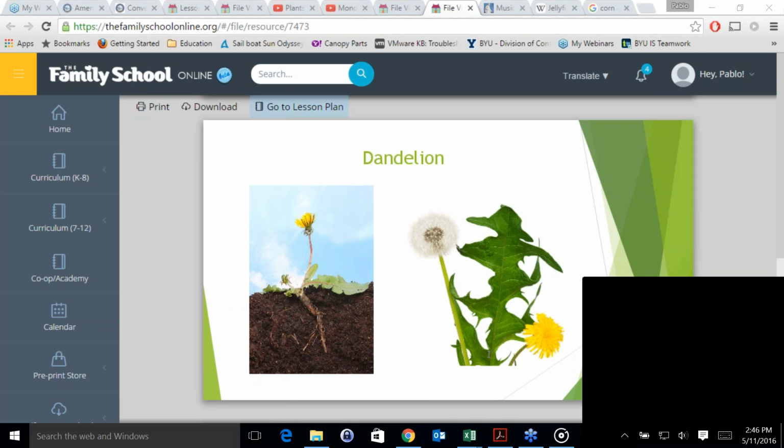Okay. What else do we see in this picture that could help us see that the dandelion is a dicot? Because of all the seeds, the way it's all just spread out. Okay, that would be one way. In this picture, what do you see that could help us identify the dicot?